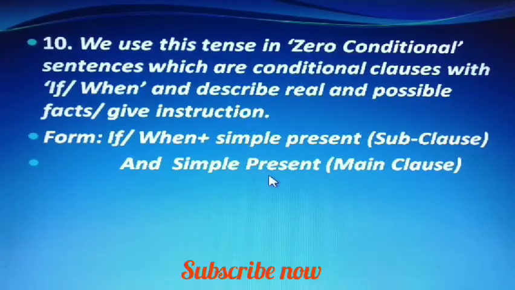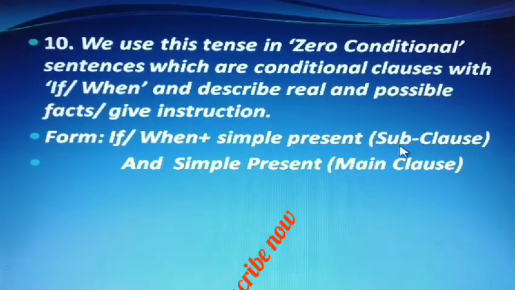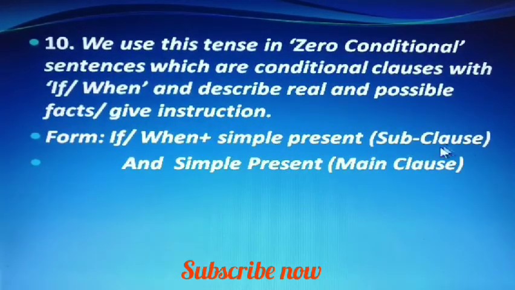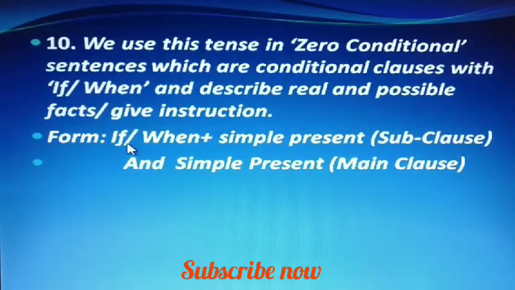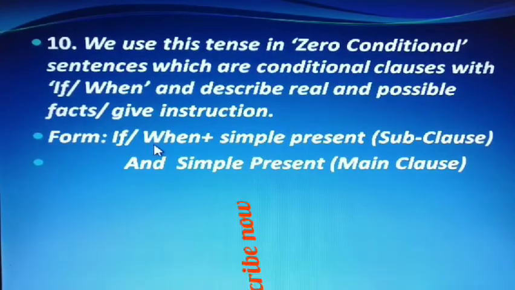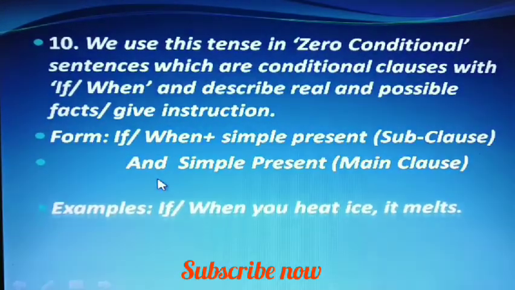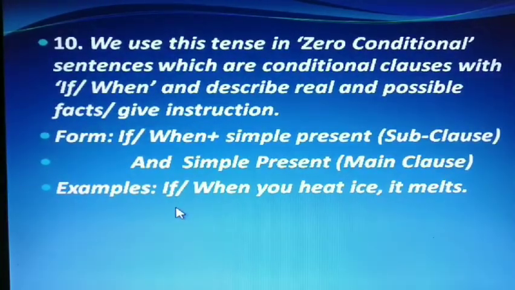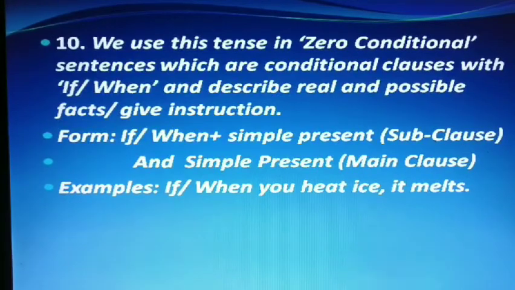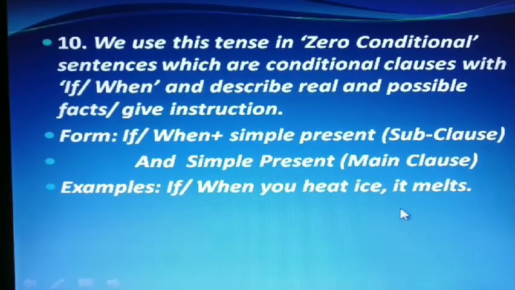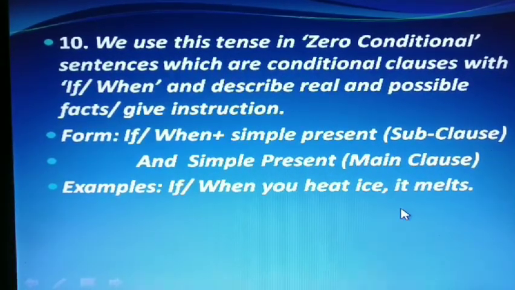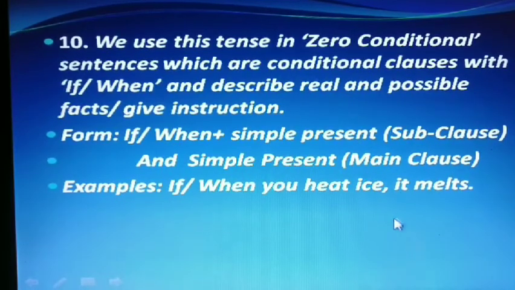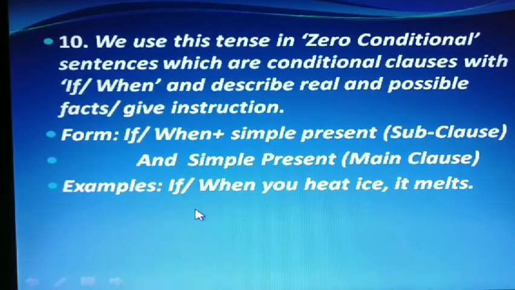So we must remember two simple present tenses in both the sub clause and the main clause with if or when linker. Look at those examples. If or when you heat ice, it melts. This is a common scientific truth, and we use zero conditional to express such ideas.